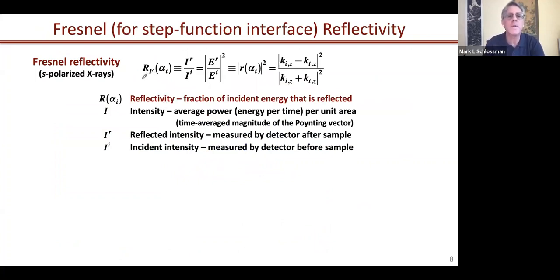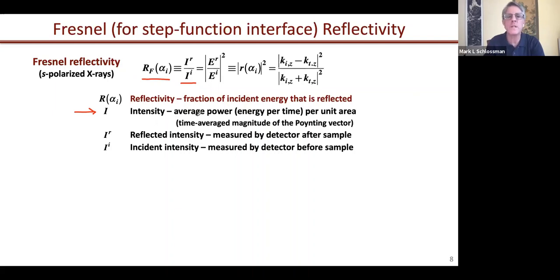The definition of the reflectivity, capital R, not little r, but uppercase R of alpha, is the ratio of the intensity of the reflected wave to the intensity of the incident wave. Let me just remind you what intensity is. Intensity is the average power per unit area, or the average energy per time per unit area.